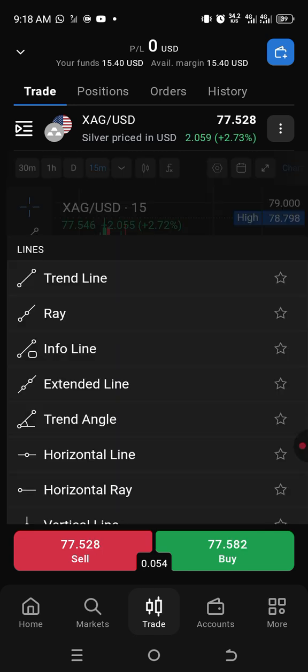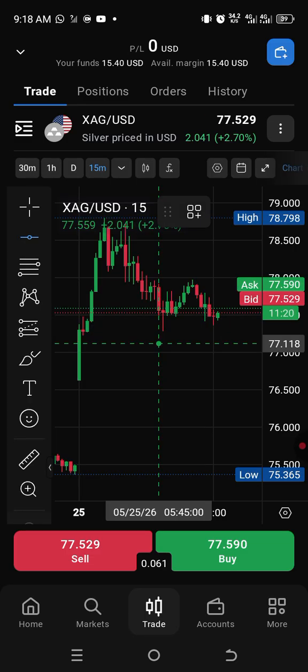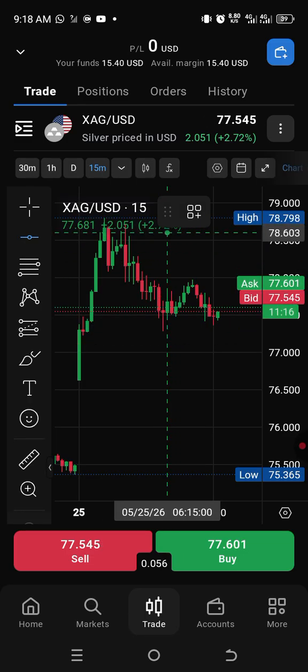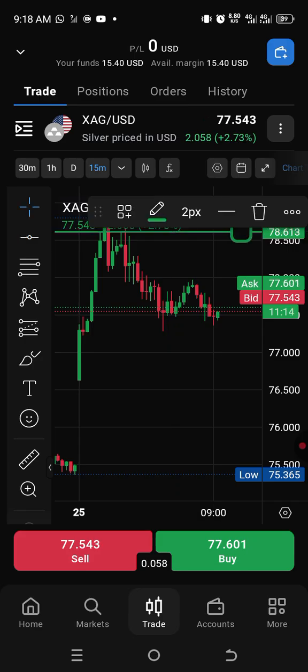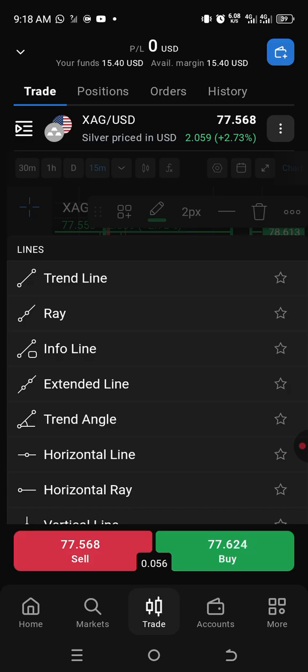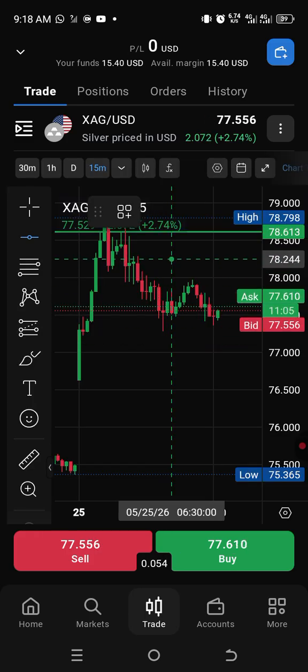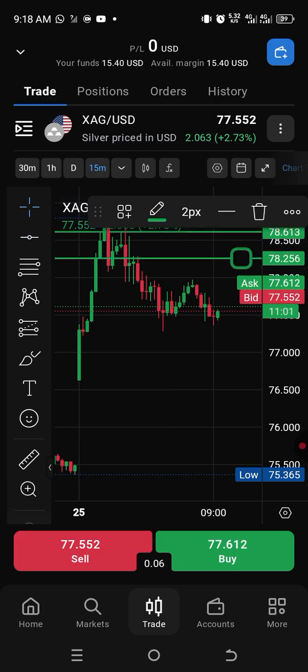If you see here, I'll go to horizontal line. Then I go to the second candle, it will be this one. Then I put a line there. Then I'll also go again, horizontal, and put a line where it ends. That will be my first. So let me do the second.